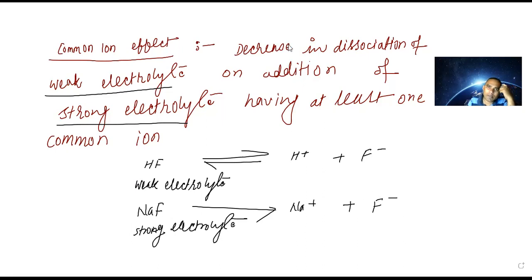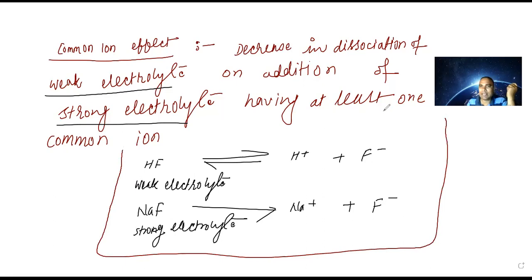These things are happening in the container only. Now the Le-Chatelier principle will be applied on which of the following two equations? This is the concept: decrease in dissociation of weak electrolyte. So dissociation of weak electrolyte will be decreased on addition of strong electrolyte having at least one common ion.